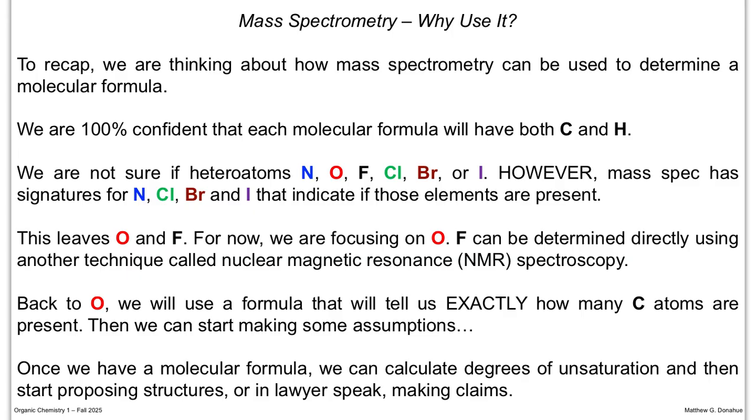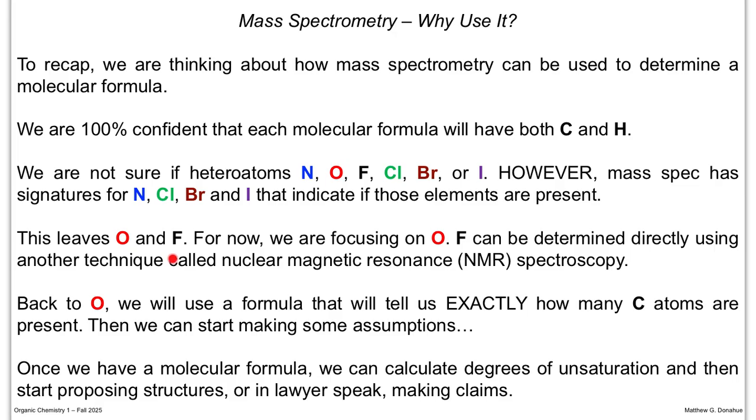As I'll show you on the next slide, based on just some of the numbers present, we can rule out some of these heteroatoms listed. Really, the only ambiguity is the presence of oxygen and fluorine.